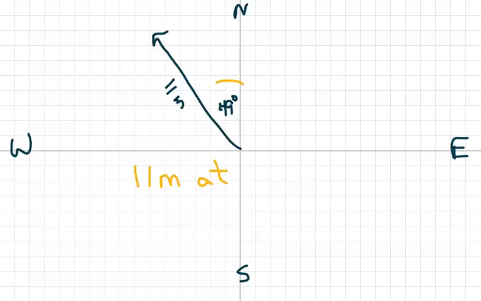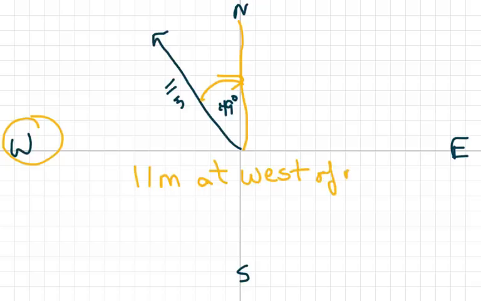Since this angle goes to the y-axis on the north part, and it's in quadrant 2, we're going to say west of north. Again, this is the main one, and then you're just saying where it is. Is it west of north or east of north? It's in quadrant 2, so it's west of north. If it was in quadrant 1, it'd be east of north.